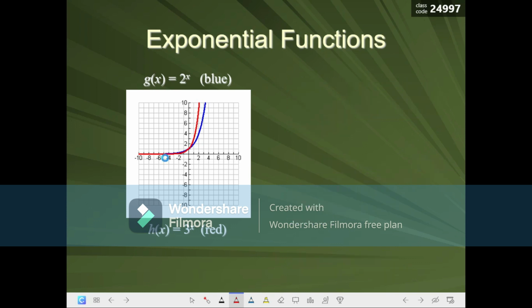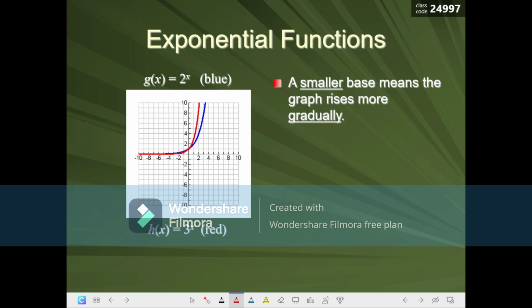Okay, next, let's proceed. A smaller base means the graph rises more gradually. So between 2 and 3 as the bases, let's compare the graphs. This is the blue one, we have 2 to the power of x, and 3 to the power of x is the red one. 2 is smaller than 3, so a smaller base means the graph rises more gradually.